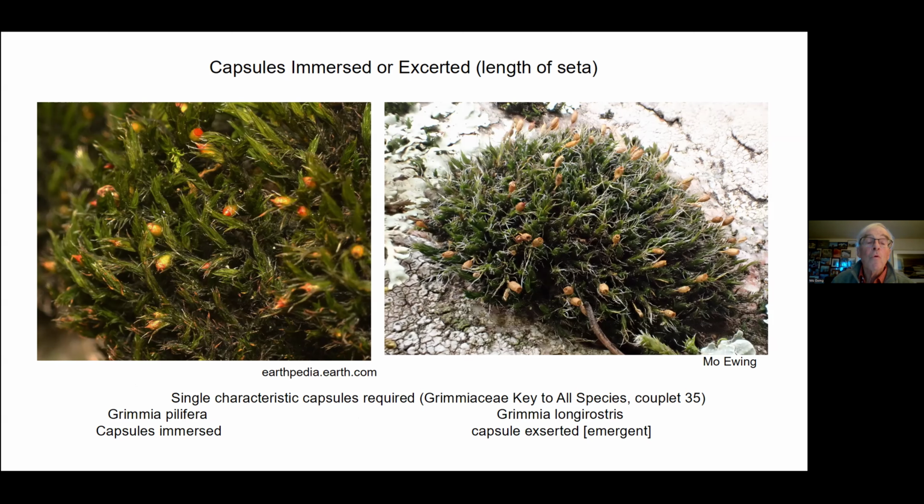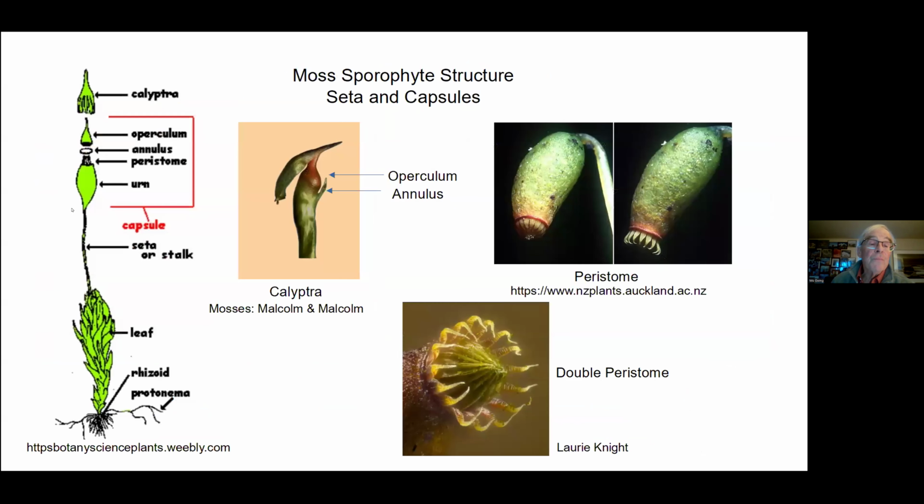And in Grimmia longirostris, the capsules are exserted. How you tell that is that if you can see the seta, you can see that here and here. It means these capsules sit just above the leaves. Then there are other couplets where the capsules are called emergent, and they would be capsules that stick way above the leaves with a long seta.